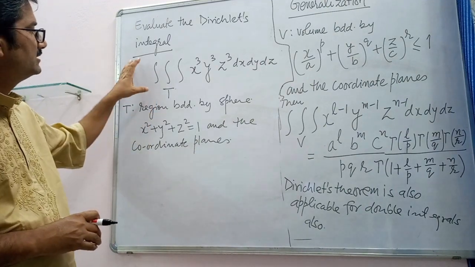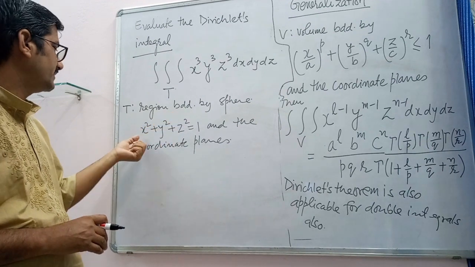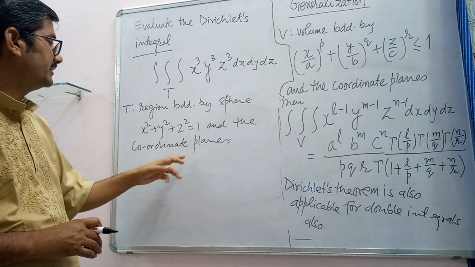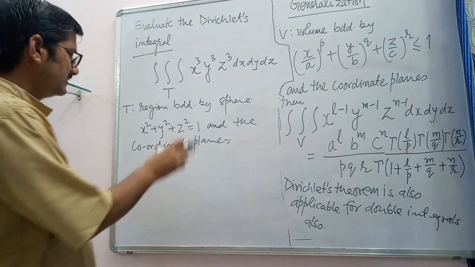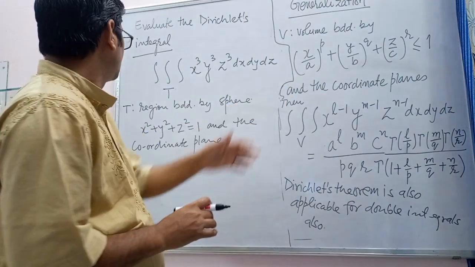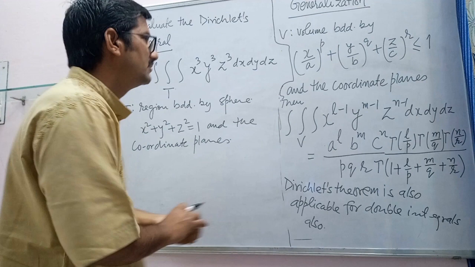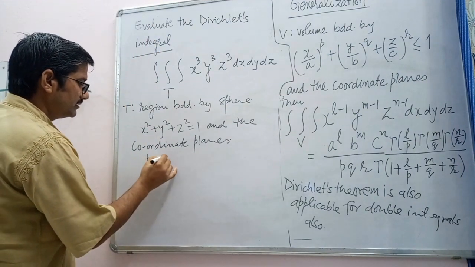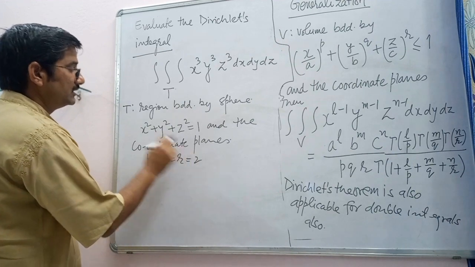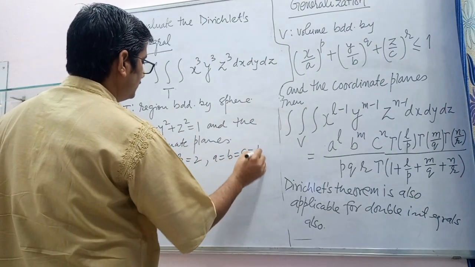We have to find the value of this Dirichlet integral over the region bounded by the sphere x square plus y square plus z square is equal to 1 and the coordinate planes, means in the first octant. So comparing this equation with this one, we can put p equal to q equal to r equal to 2 here, and a, b, c each equal to 1.